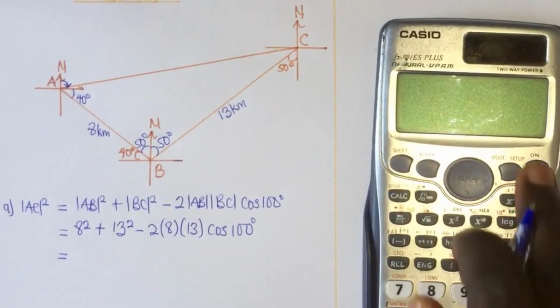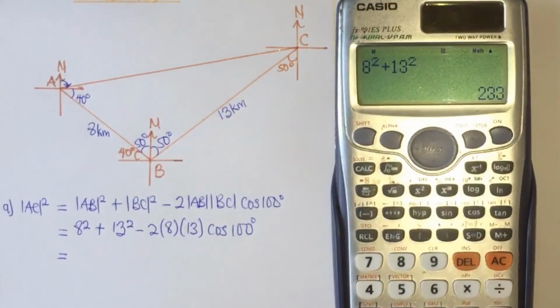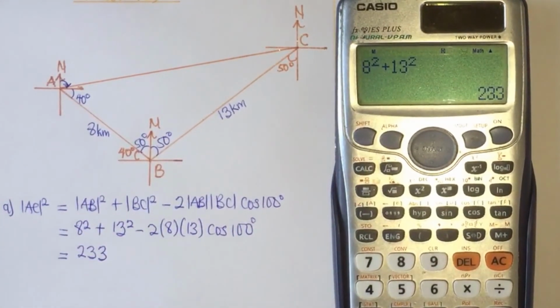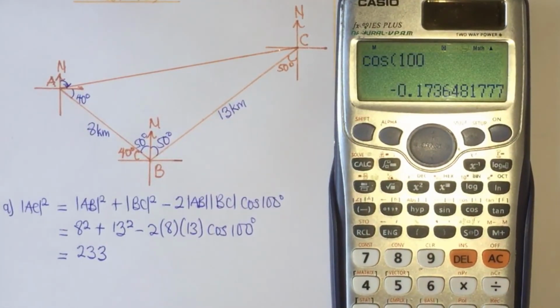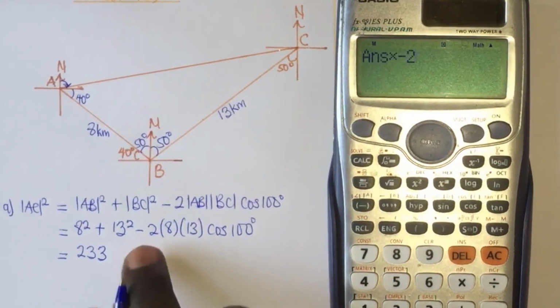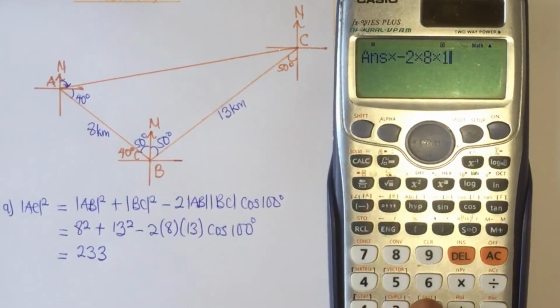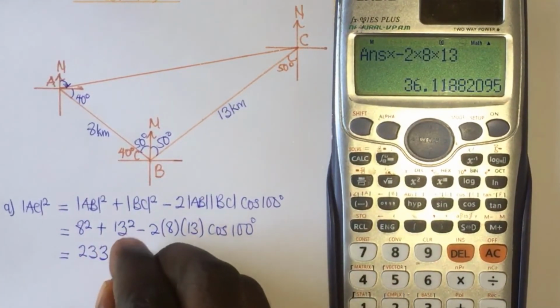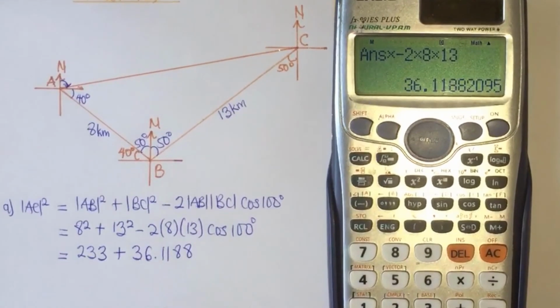So with the help of our calculator, 8 square plus 13 square is giving us 233. Then cos 100 is giving us a negative number. So multiplied by negative 2, multiplied by 8, and also multiplied by 13, it's 36.1188.